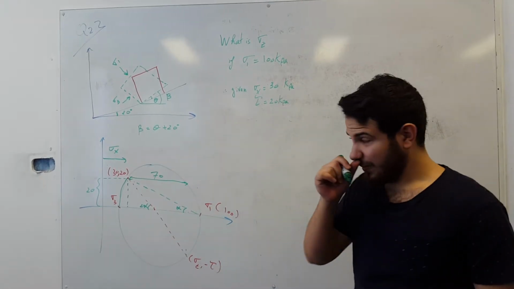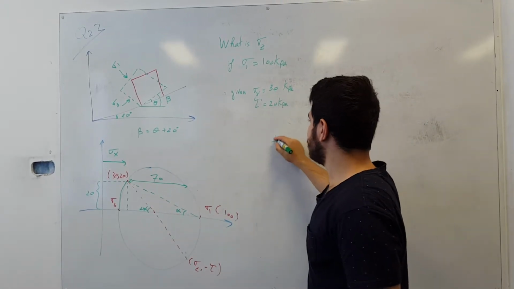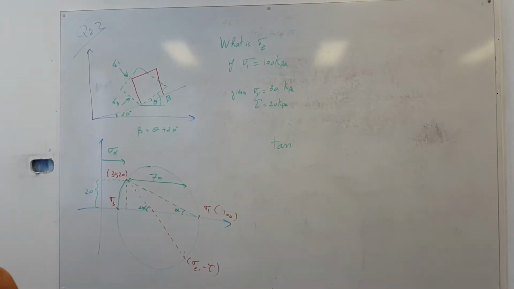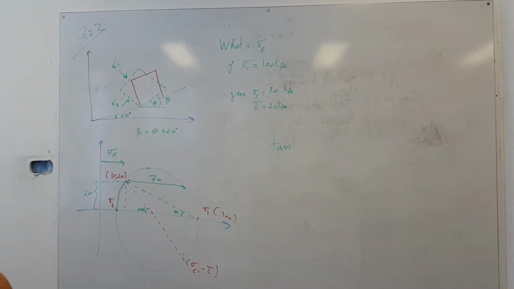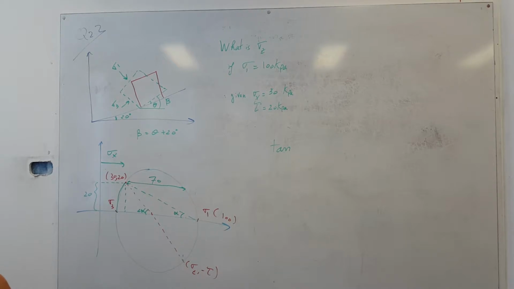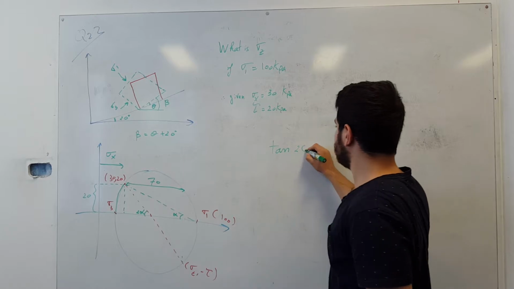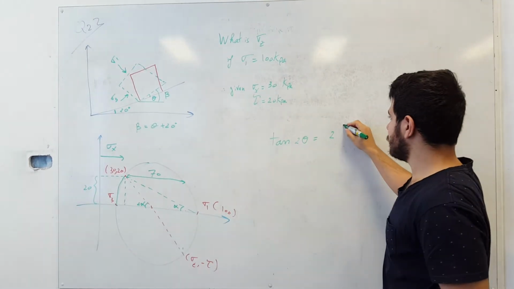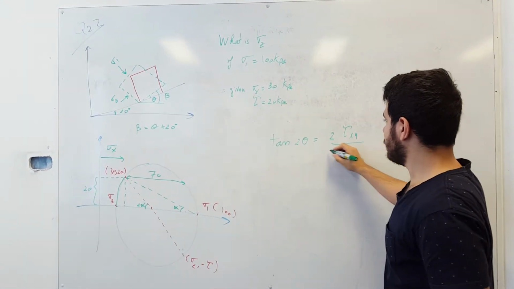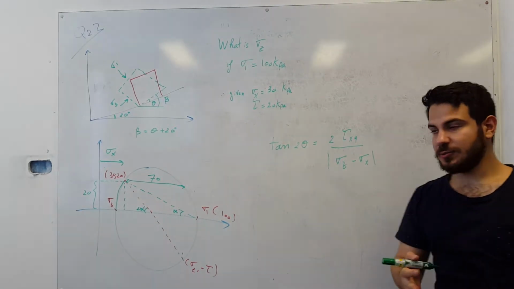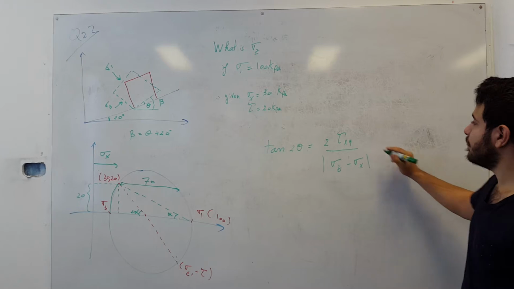So a simple formula would be tan theta. Check the formula. I think it's 2 theta. Tan 2 theta equals 2 tau xy over sigma z minus sigma x, right? That's in your handouts.